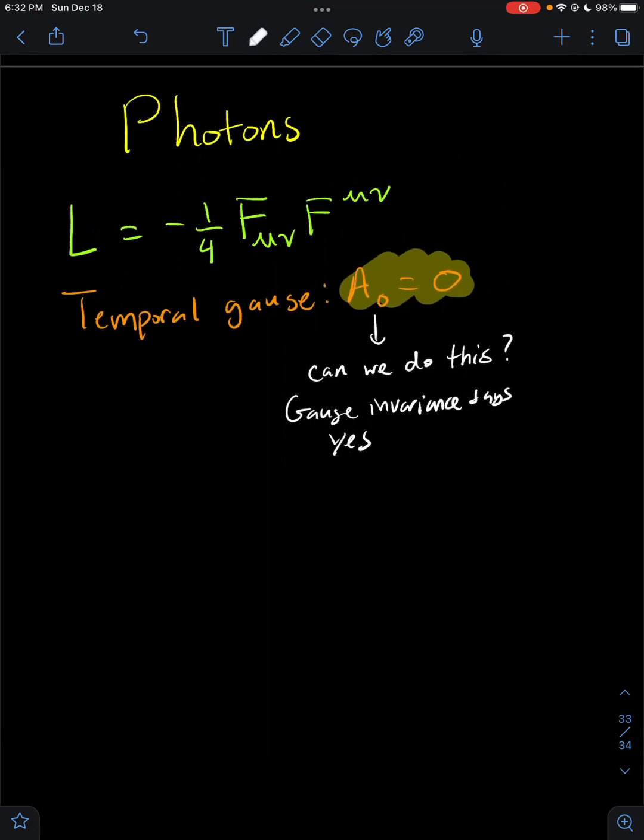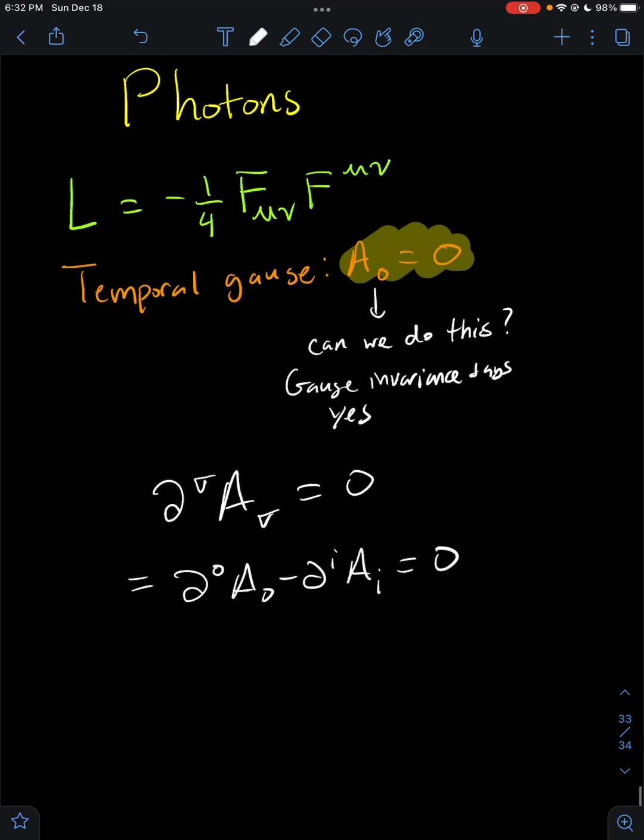Now recall that the Coulomb condition stated that this over here is just going to be partial naught A naught minus partial i A i equals 0. So since A naught is going to be 0 in the temporal gauge, this also implies that partial i A i is also going to be 0.